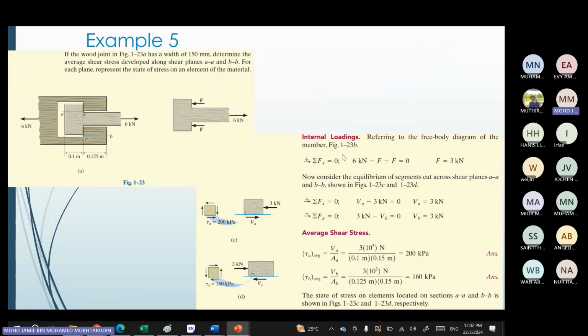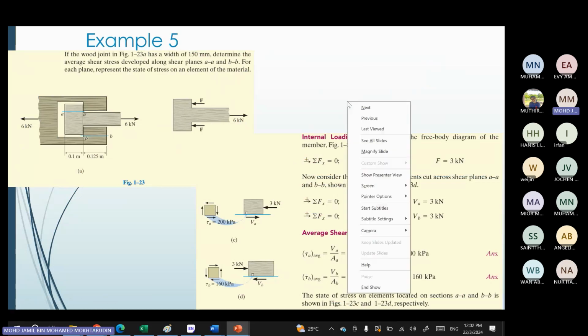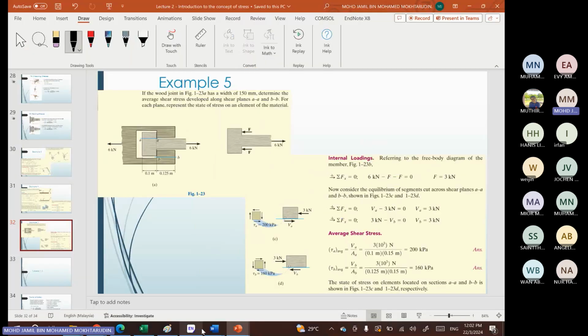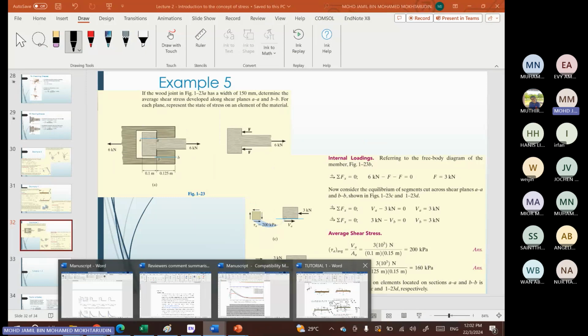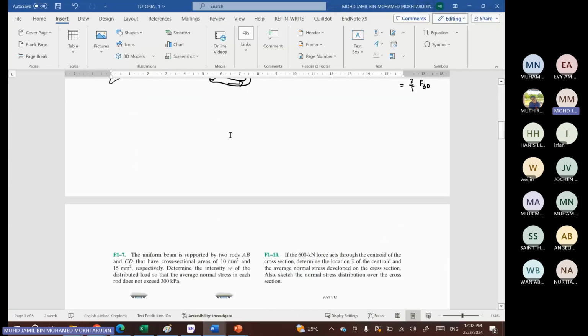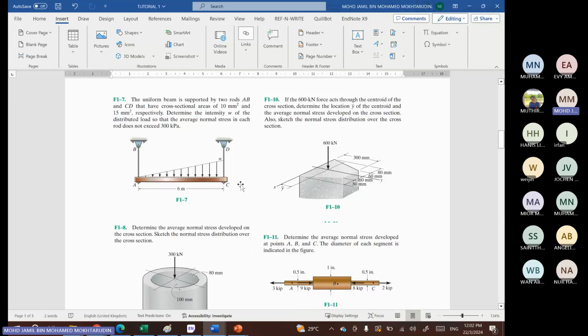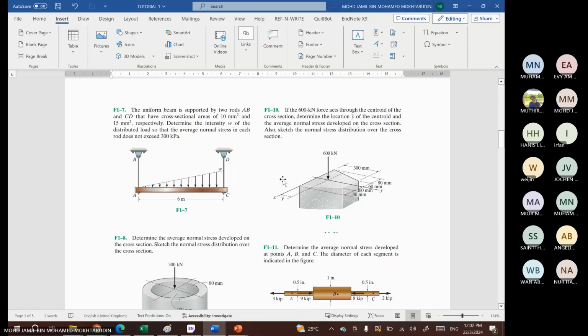What time is it now? 12. Okay, I think we can stop here. And maybe you can continue doing your tutorial for the second page. Try to look for the answer on YouTube.